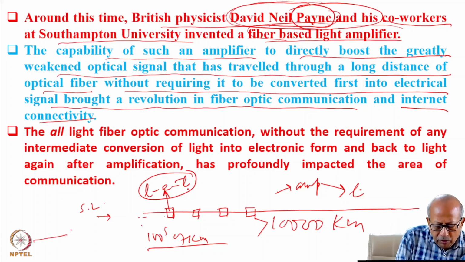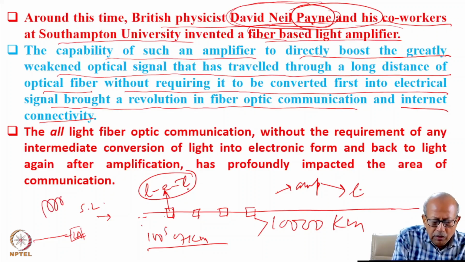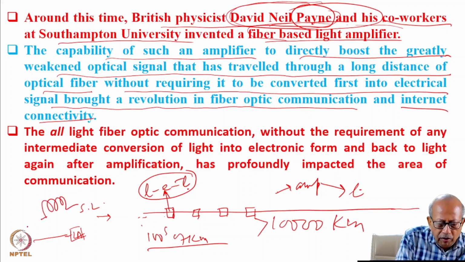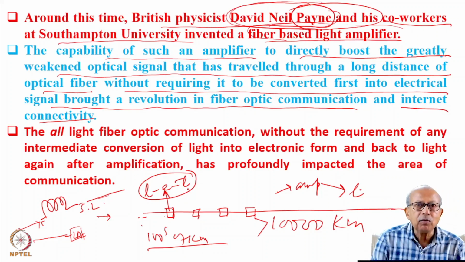At this point, you put this light amplifier. So it will travel through the optical fiber, which will perform as an amplifier. The light goes into this, and at the other end, the amplified light goes through the next stage of fiber. Then you have again light amplification.